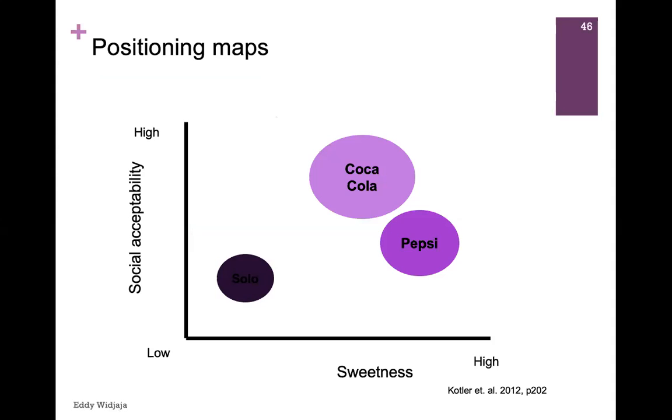The other option is for you to be higher in terms of sweetness. Then you are going to compete with another global brand in here, right? In this instance, Pepsi. Okay, so the other thing that we also need to be aware of is perception is hard to change.